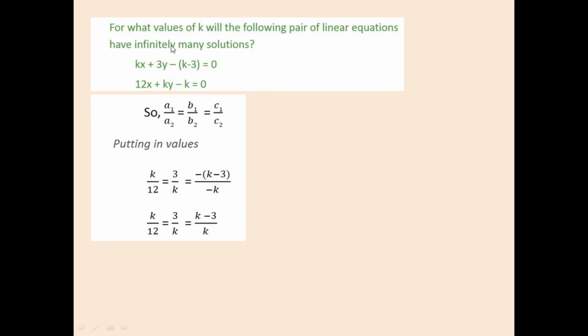And because we are looking for infinitely many solutions, the ratios are supposed to be equal to each other. So we, of course, get rid of this minus sign here, write it as k minus 3 and k because it was a common sign. Now these are three ratios. That means it can give me either this equal to this, or this equal to this, or maybe this equal to this. So there are three ways of interpreting it.